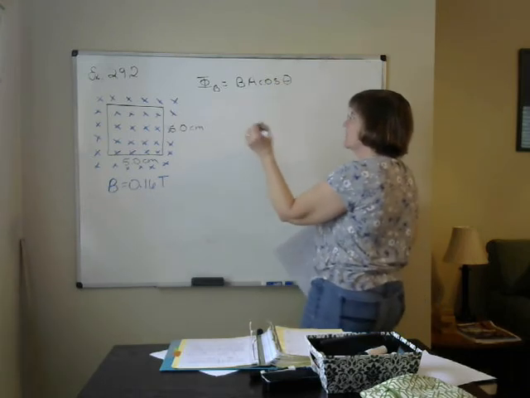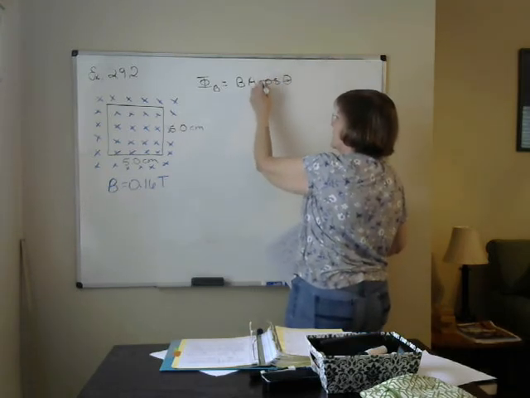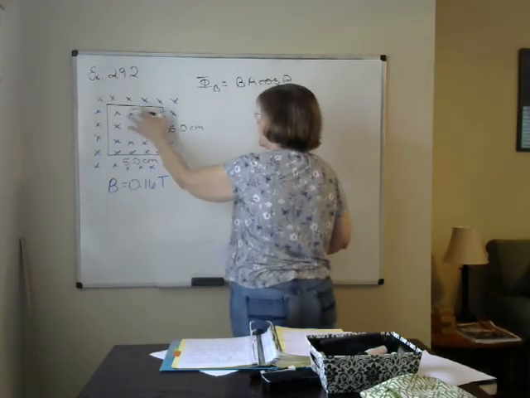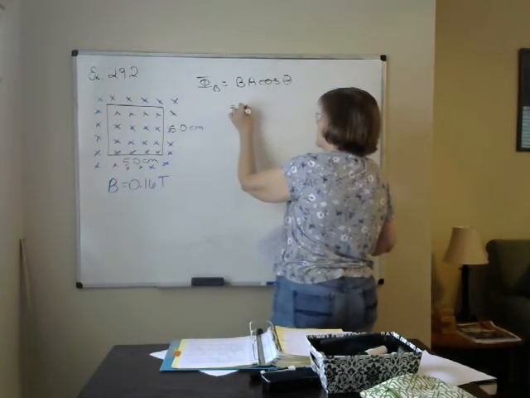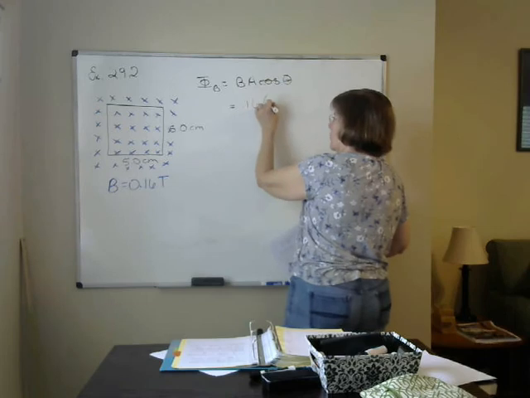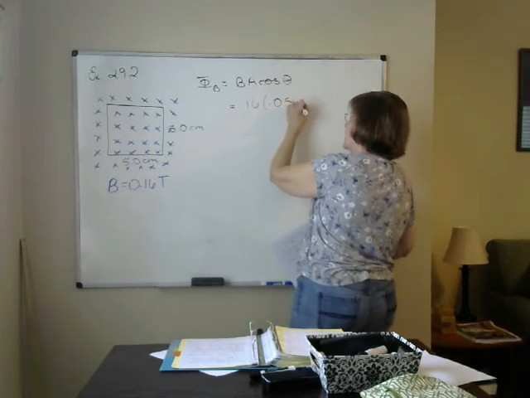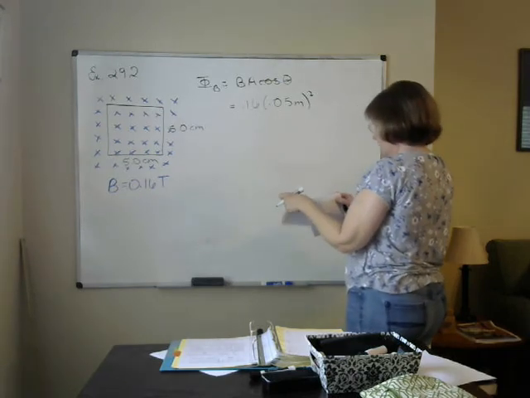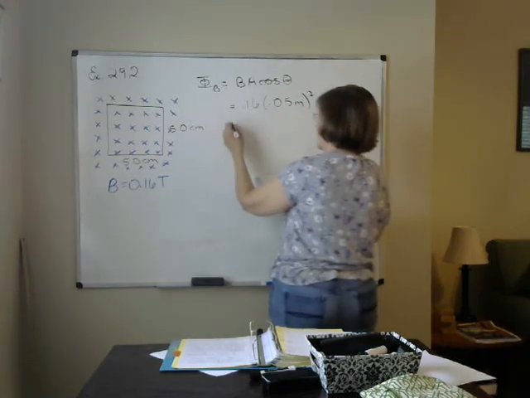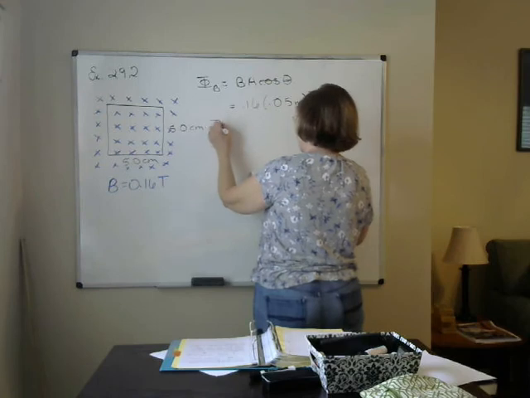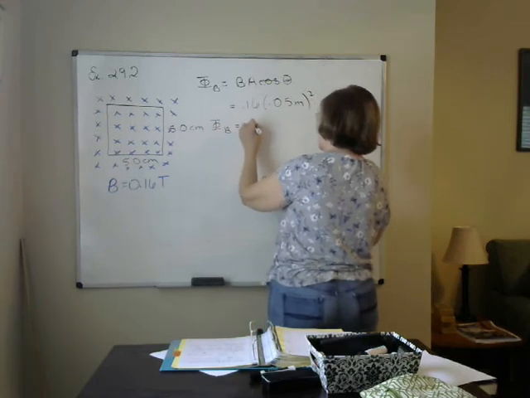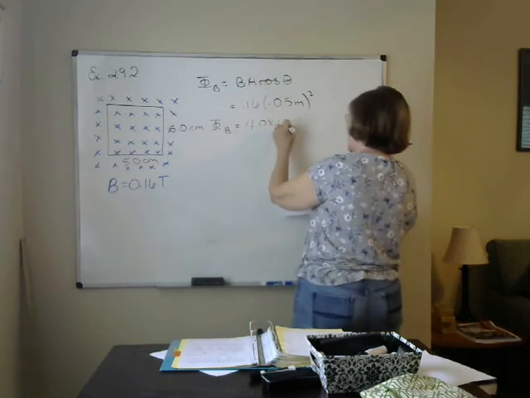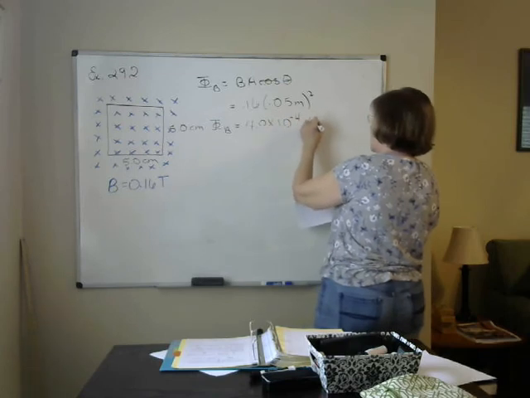So the amount of flux through that loop, the loop is perpendicular to that, is simply 0.16 times 0.05 meters squared. That's the area of the square. Cosine 0, and I get that the flux is 4.0 times 10 to the negative 4 Webers.